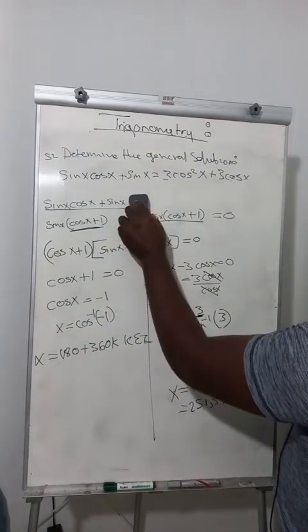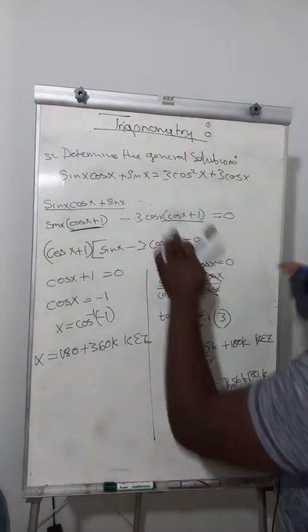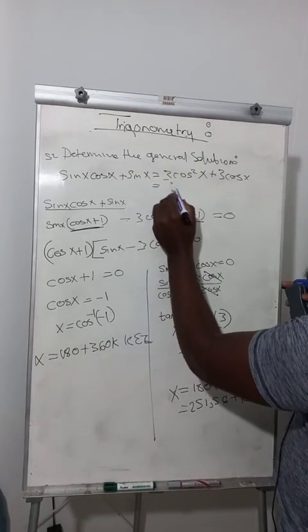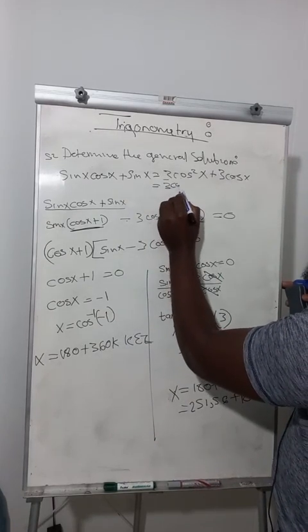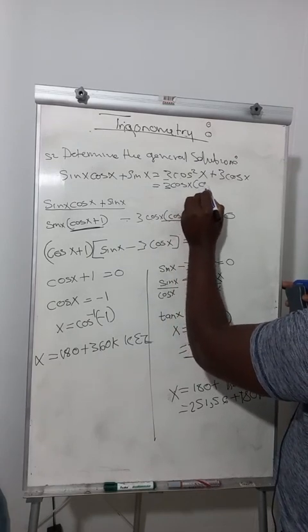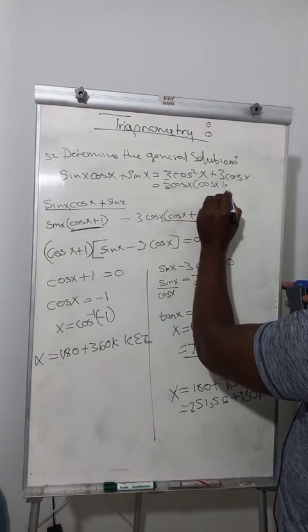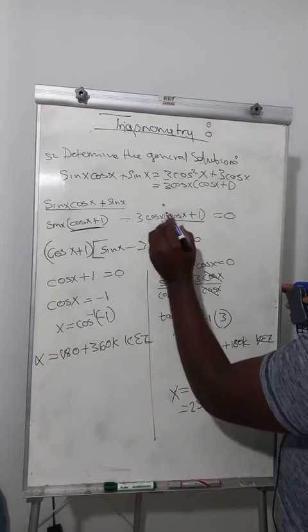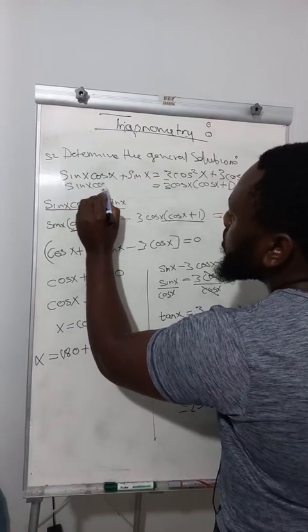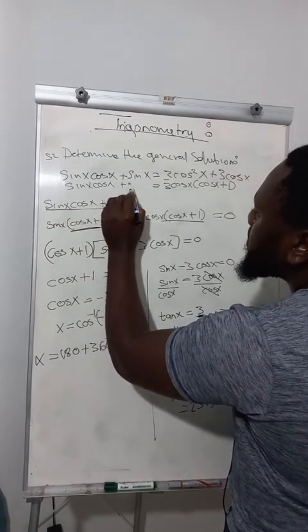And then let me remove the common factor while it's still on the right hand side. So I'll remove 3 cos x times cos x plus 1, and then it will still be sine x cos x plus sine x here.